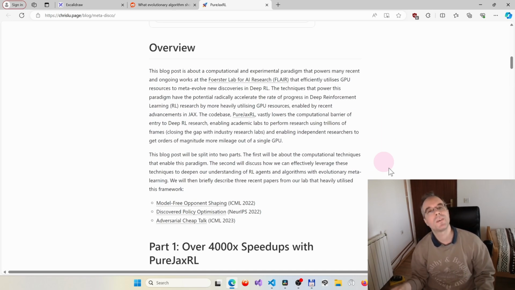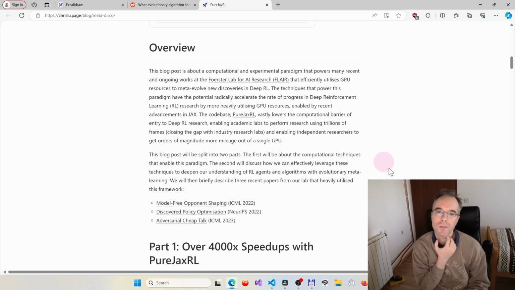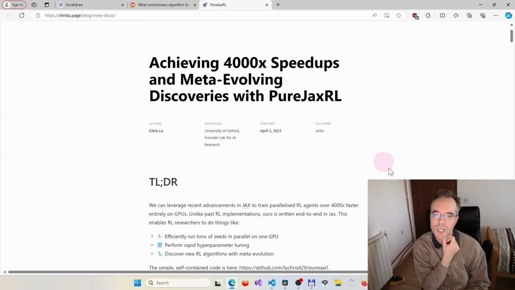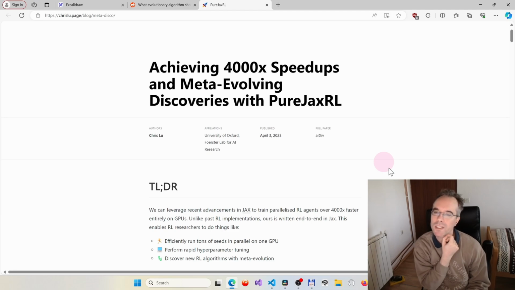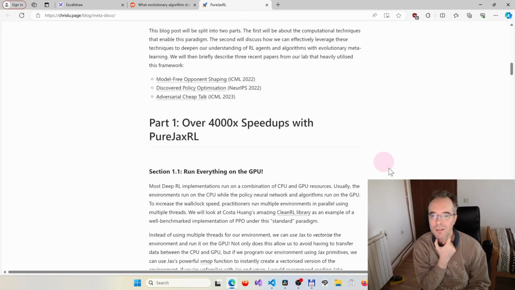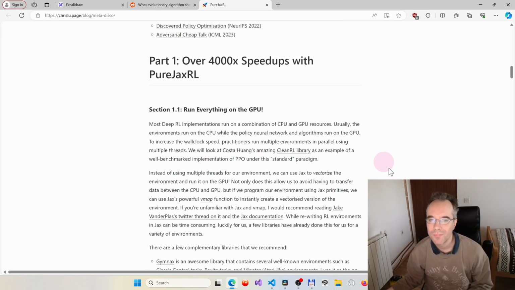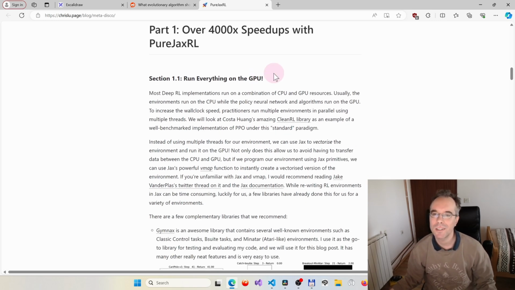If what we're doing here in Spiral is too difficult for you, maybe you can check out the JAX stuff here, PureJaxRL, the JAX reinforcement learning library. I really like the exclamation marks here.